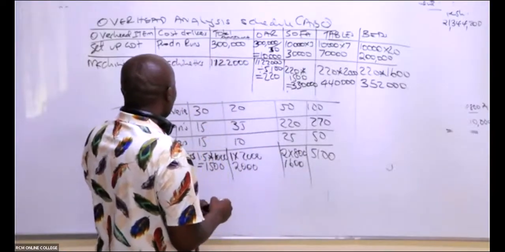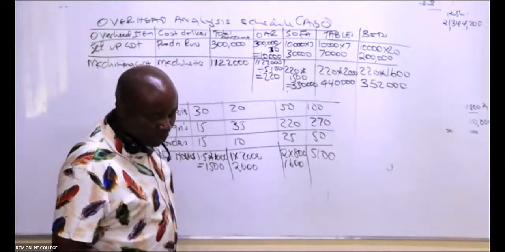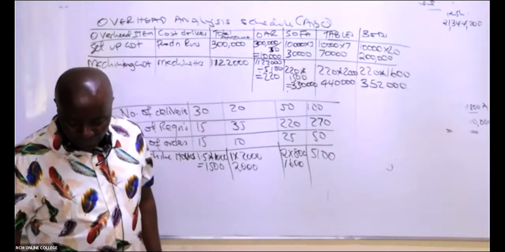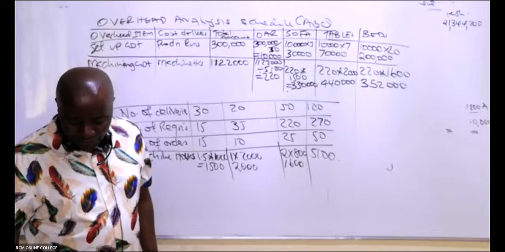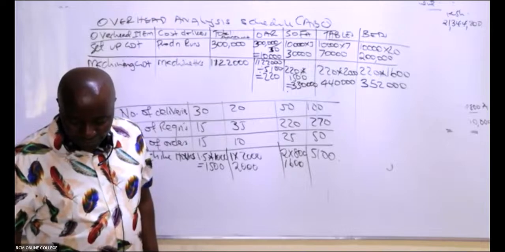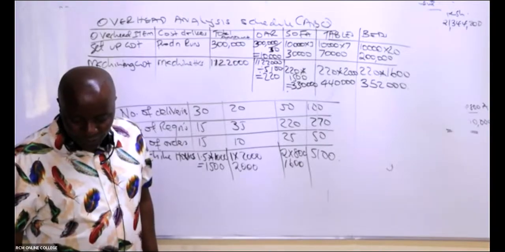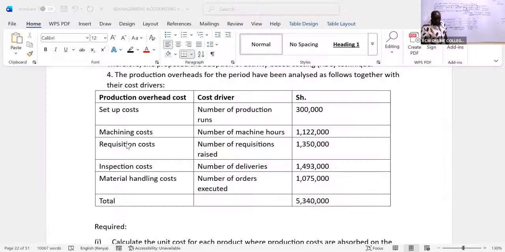So after that, the next one, ladies and gentlemen, is known as what? Requisition cost. Please go ahead and do the entries for me.